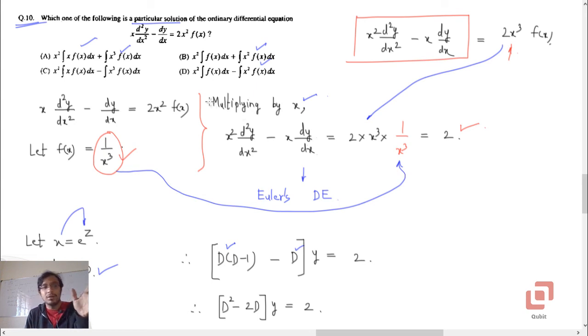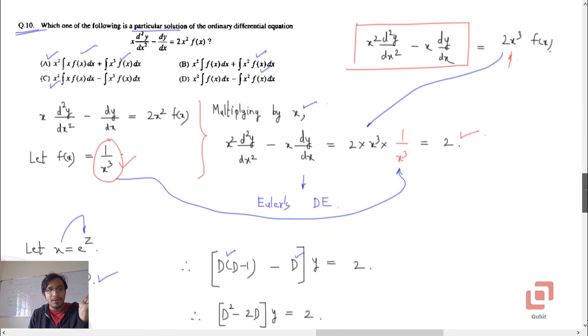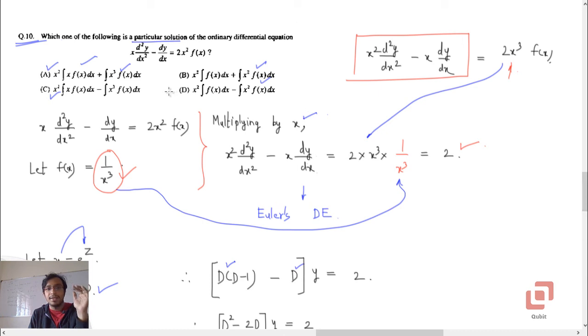So no matter what options A, C and B are, because the selection of 1 upon x cubed has led us to the particular integral minus log x, they fail to bring in negative log x as particular integral.